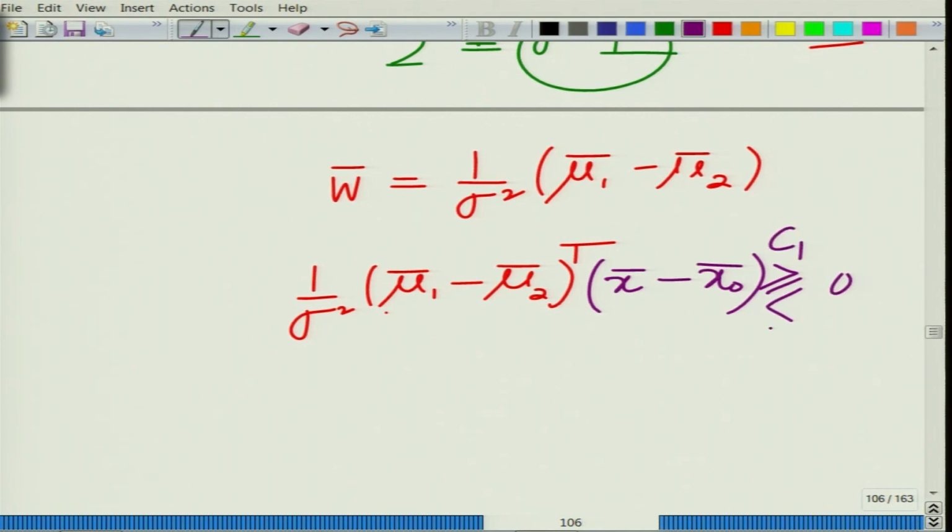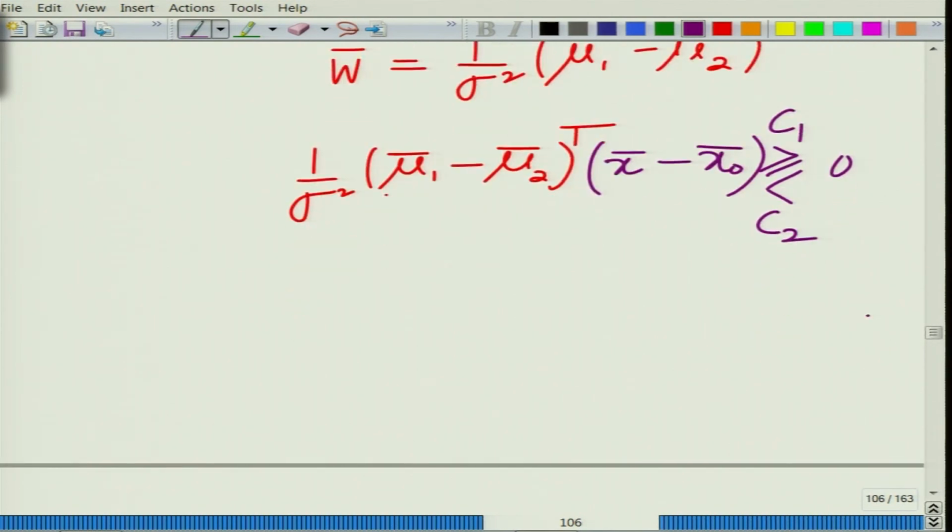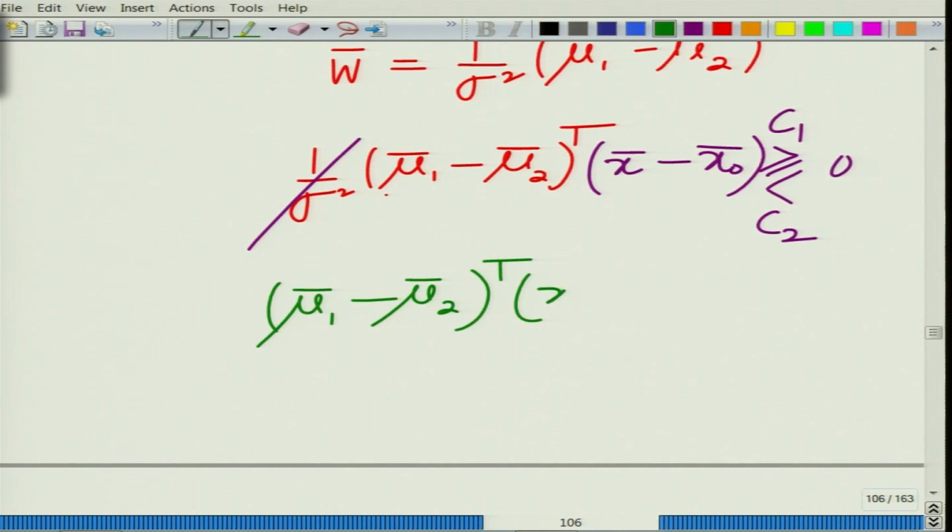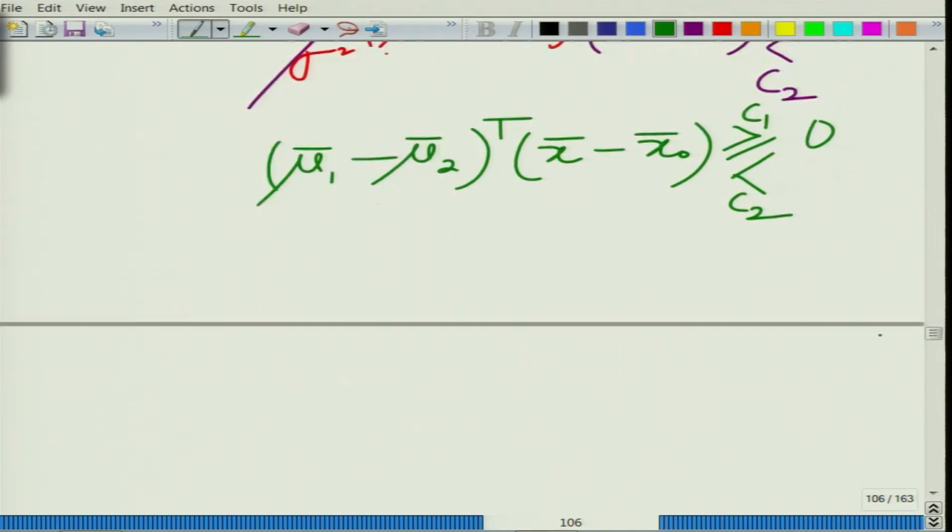So, choose C1 if it is greater than or equal to 0, C2 if it is less than 0, and of course, since there is 0 on the right, 1 over sigma square can be removed, and you get the condition: choose C1 if mu 1 bar minus mu 2 bar transpose x bar minus x naught bar is greater than or equal to 0, C2 if it is less than 0.